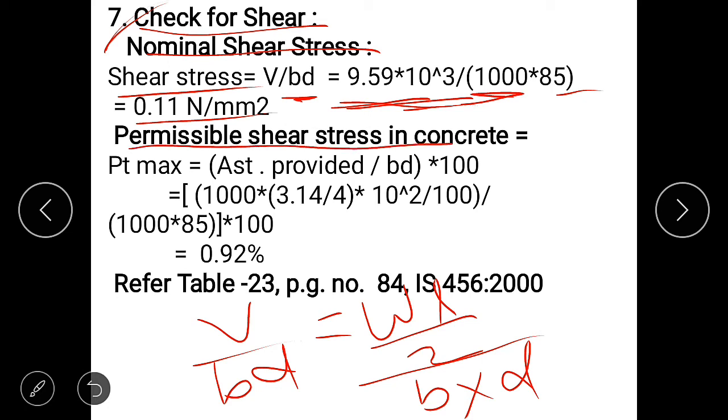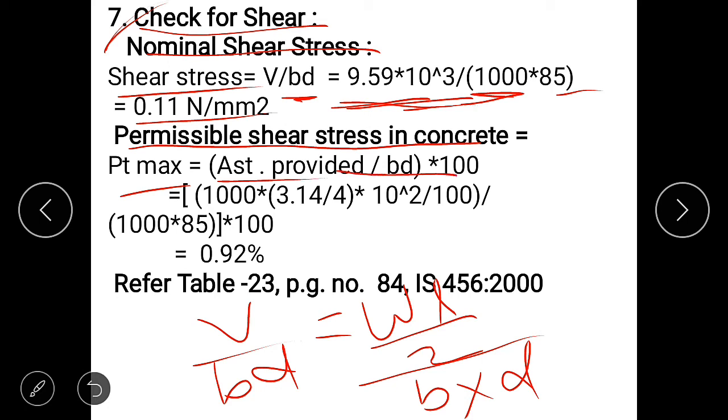Now the permissible shear stress in concrete. For that we have to find the percentage of steel. To calculate the percentage, the formula is AST provided divided by BD into 100.